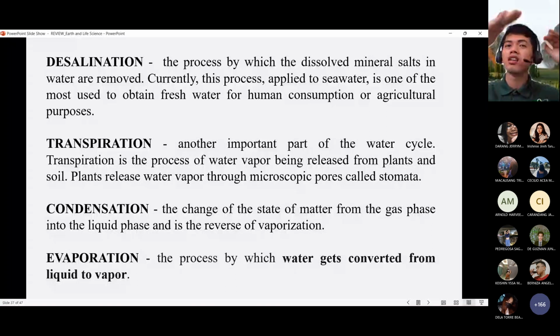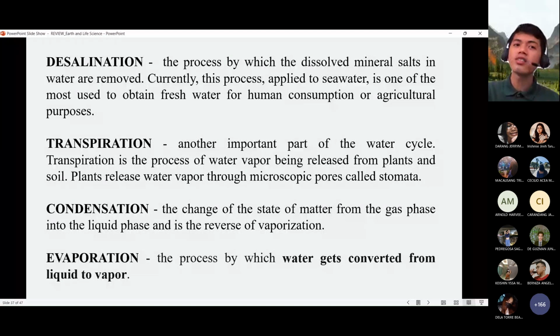That is where transpiration happens, where gas exchange in plants occurs, wherein carbon dioxide is diffused in, and oxygen and water are diffused out during this process.